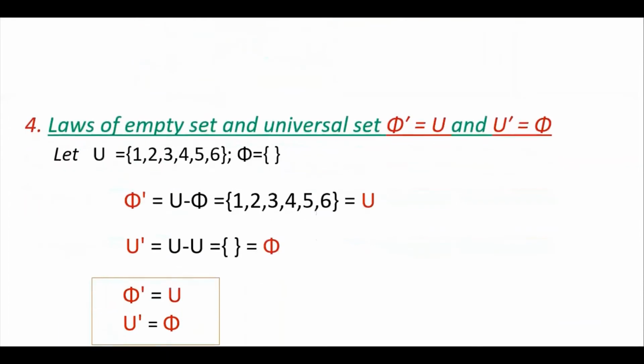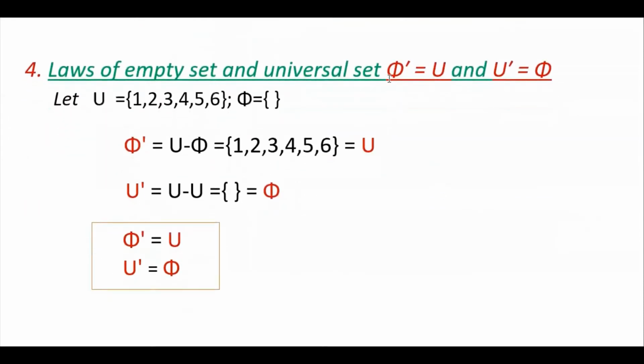And the next one is the laws of the empty set and the universal set. If you take the universal set as 1, 2, 3, 4, 5, 6, and an empty set, we know that there are no elements. So the complement of an empty set is equal to the universal set minus an empty set. The difference of these two sets is nothing but the universal set itself, because in an empty set there are no elements. So you have to write the elements of the universal set only.